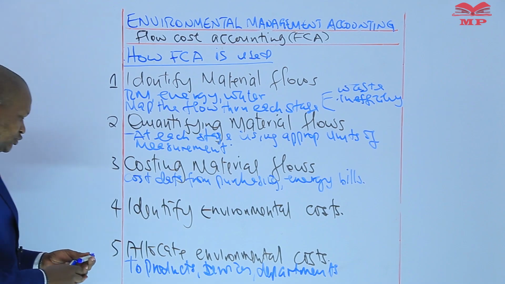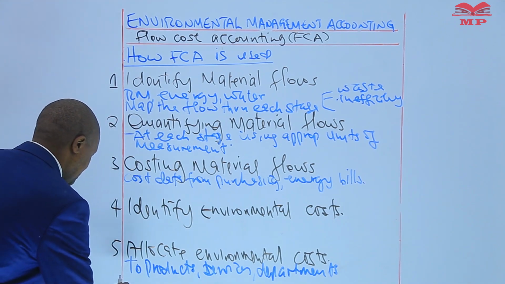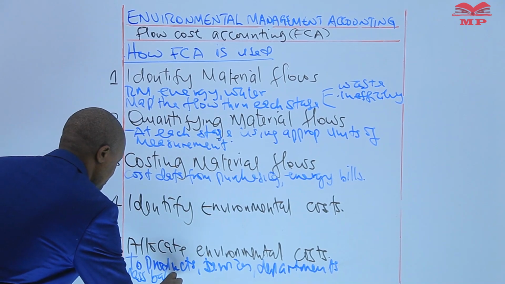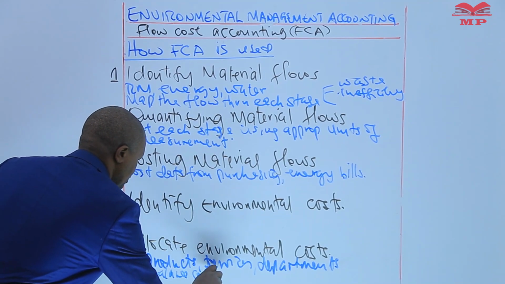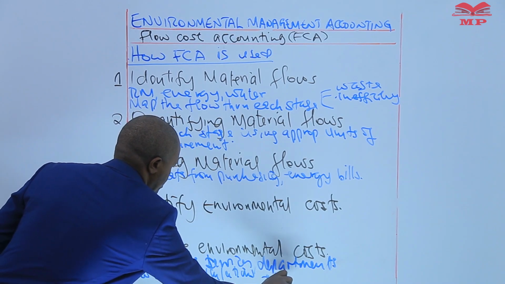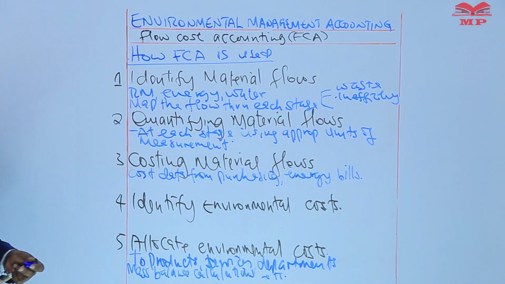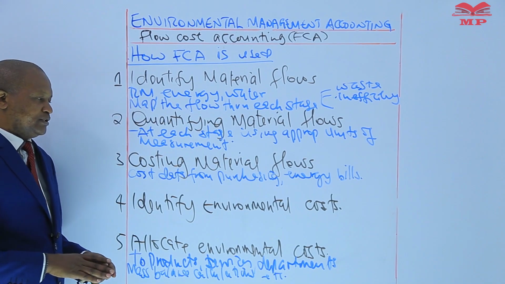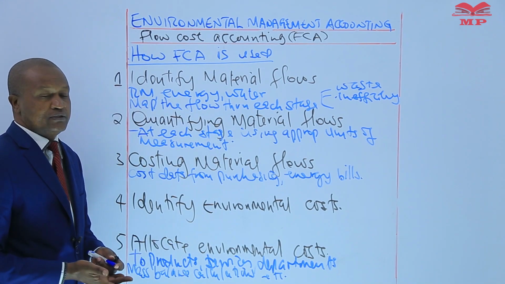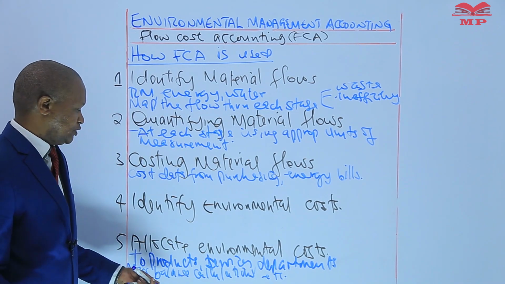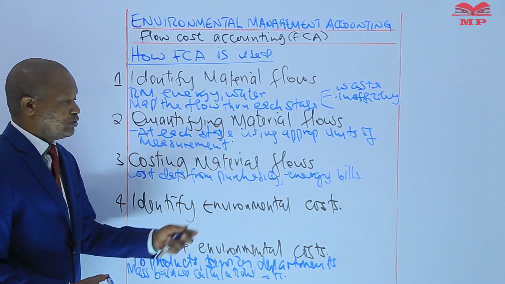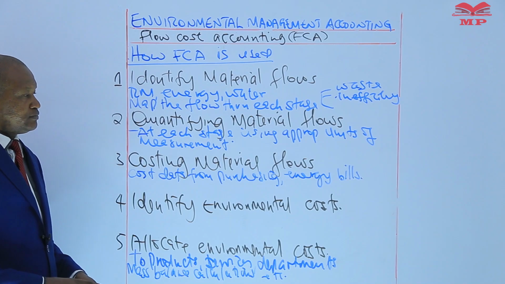Use various methods, like mass balance calculations and so on. I've mentioned the environmentally adjusted costing system and even activity-based costing. That is a method that may also be used to allocate environmental costs to products or to departments.